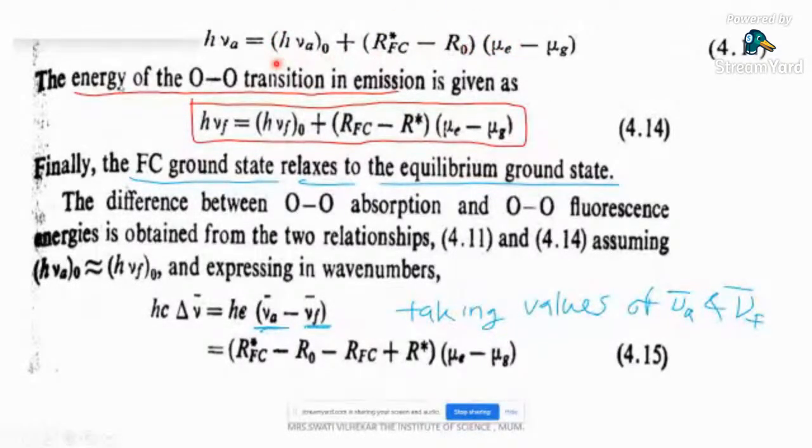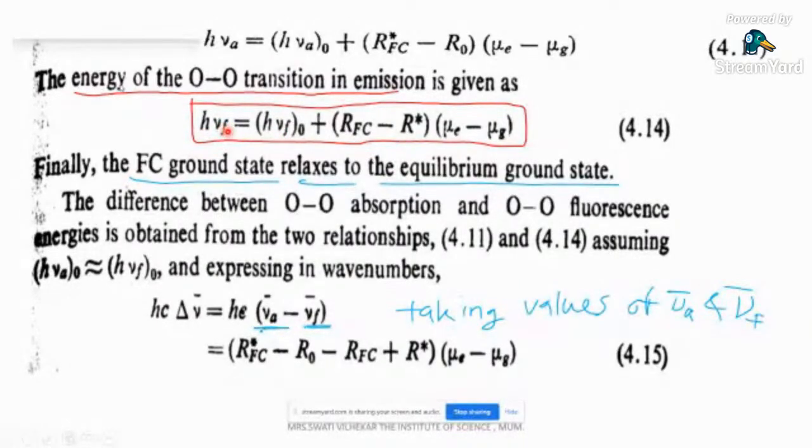So the energy of 0 to 0 transition in emission, as you have seen in the earlier slide, the molecule will be coming from the fluorescent, that is the Franck-Condon excited state, to the Franck-Condon ground state. In that case, the energy associated with that fluorescence will be given by h nu f.